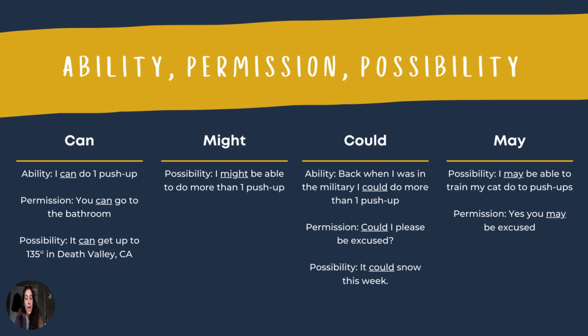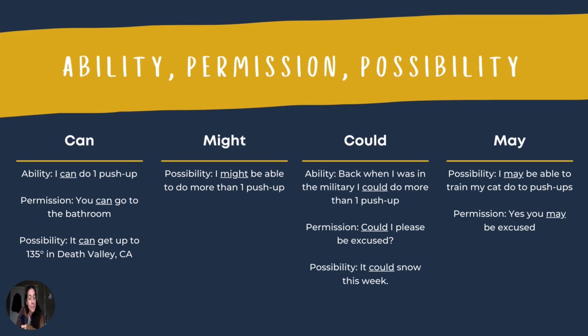For permission, could I please be excused? As you can see, could and can, and we'll see with may, these three are interchangeable. Maybe not in every situation, but they are fairly interchangeable.